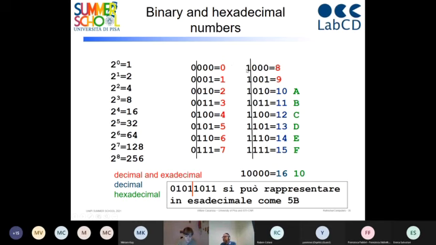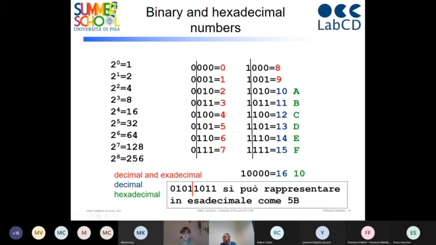But now this one adds the weight of 8 to all these numbers. So these numbers become 8 plus 0, 8 plus 1, 8 plus 2, 8 plus 3, and so on. And we indicate them with the hexadecimal digits.